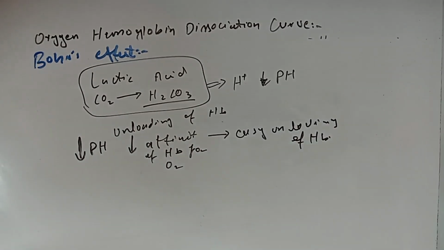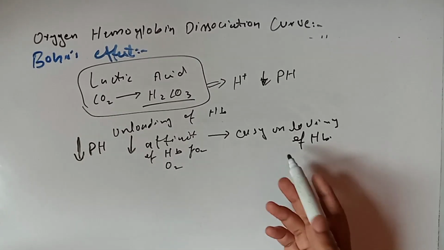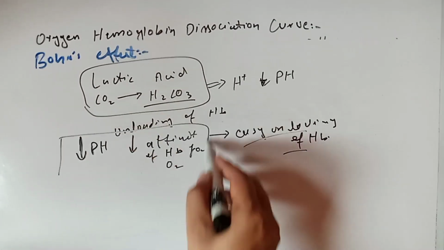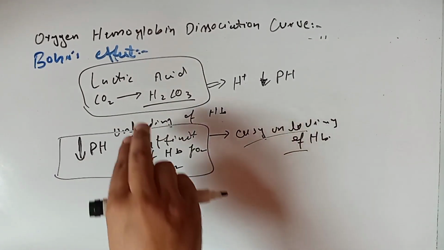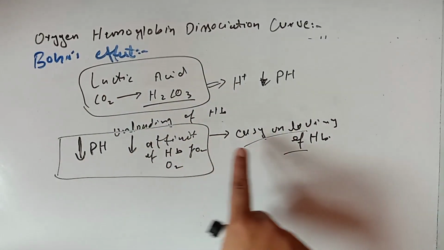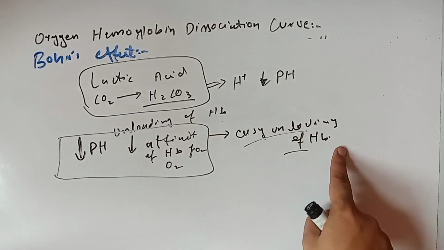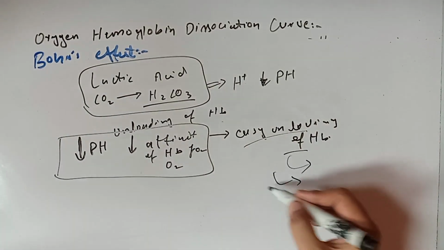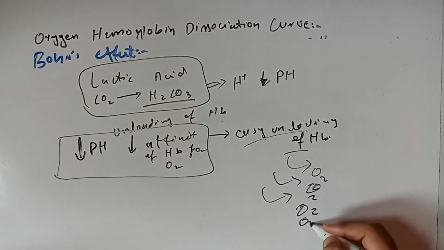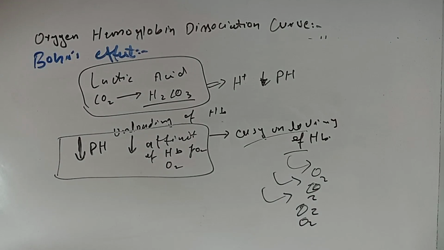So this decrease in pH decreases the affinity and causes easy unloading of oxygen in the tissues, and this phenomenon occurs in tissues. In tissues, due to metabolism, acids are produced which decrease the pH, decrease the affinity of hemoglobin, and easy unloading occurs. So there is release of oxygen from hemoglobin to the tissues.